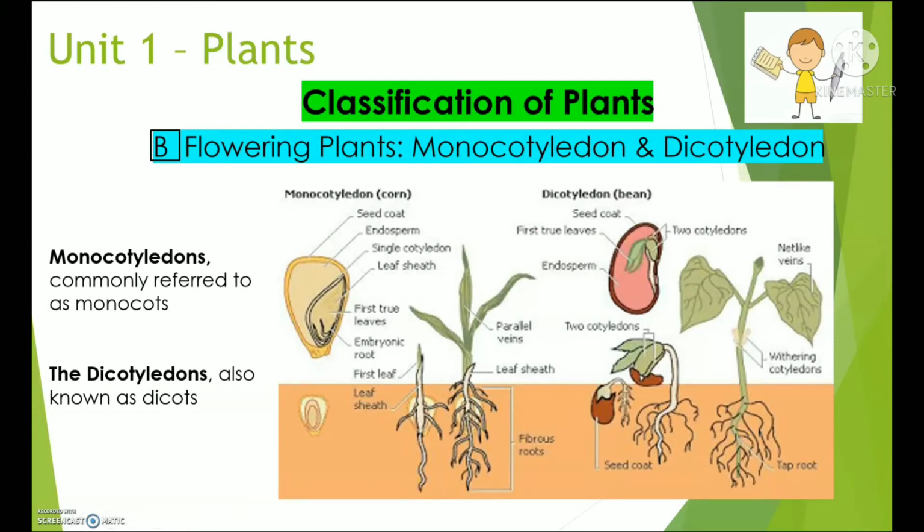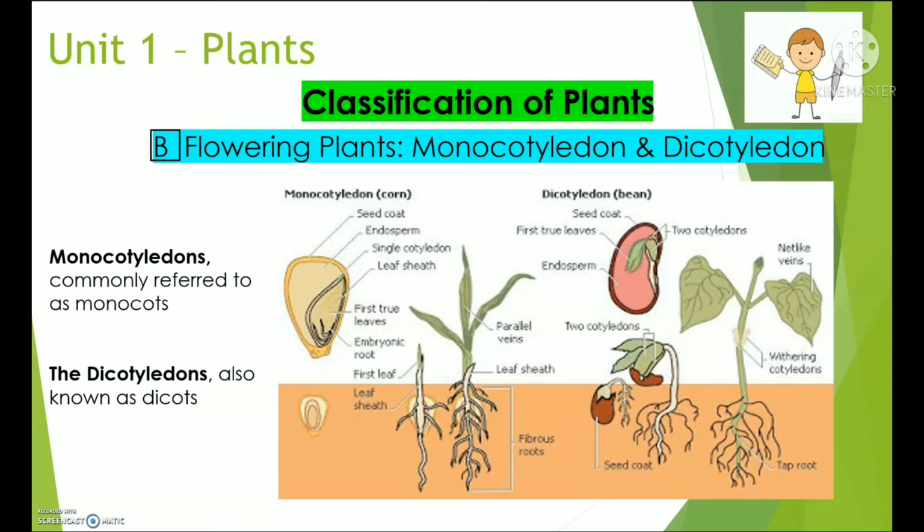Last week, we already talked about the classification of plants, all plants, flowering plants, and non-flowering plants. So, what is the classification of flowering plants? We have two types of flowering plants, and that's what we're going to talk about in today's lesson. So please bring out your books.